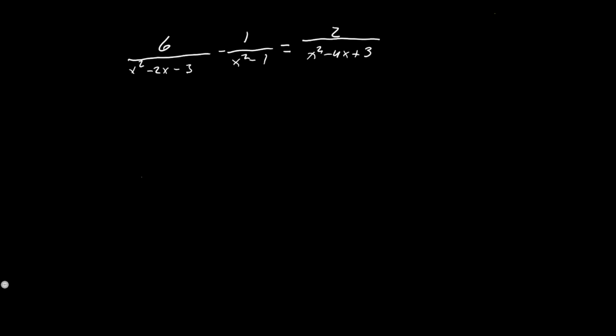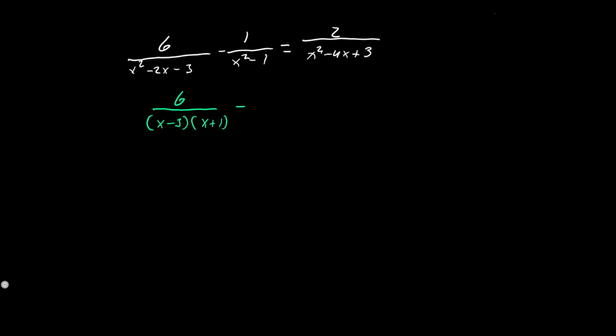So we're going to look at this final example where we have this long rational equation. And what we're going to do is factor the denominator if possible. So here we have to find two numbers that multiply to negative 3 and add to negative 2. And those two numbers give us x minus 3 times x plus 1.